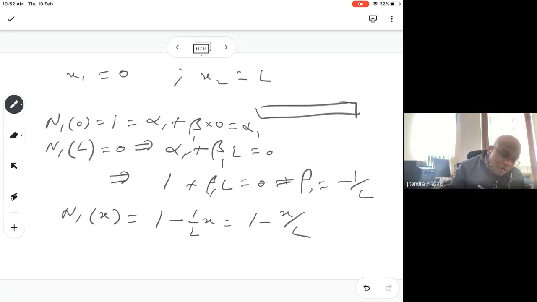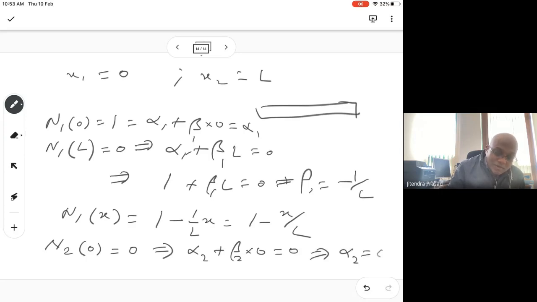Similarly, you can find out for N2. What do we have? N2 at 0 equal to 0, right? And that really means alpha 2 plus beta 2 times 0 is equal to 0, and that makes alpha 2 equal to 0.